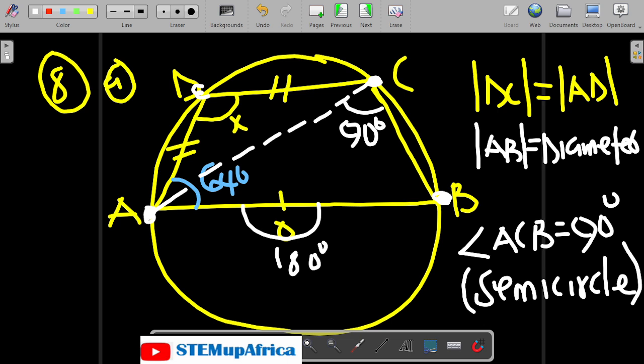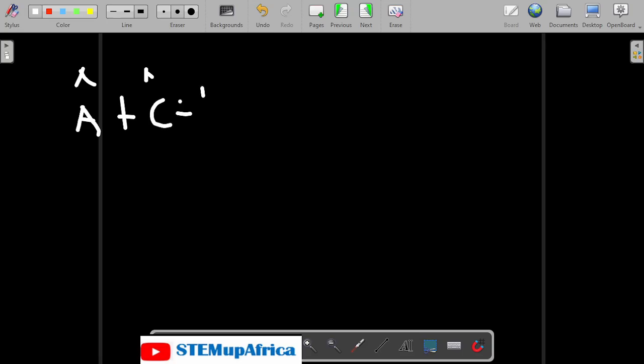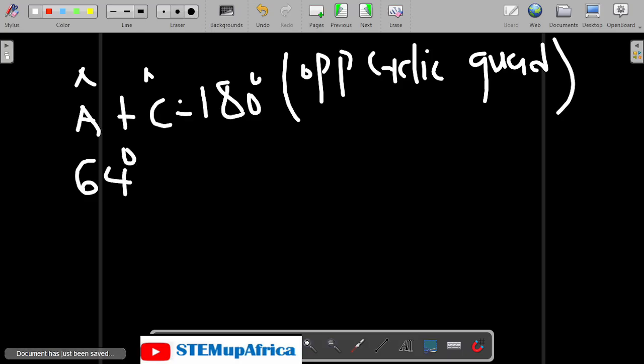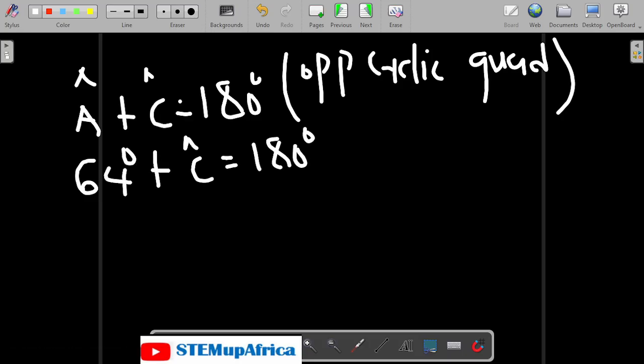So angle A plus angle C equals 180, reason: opposite angles of a cyclic quadrilateral. That means angle A is 64 plus angle C, which I don't know, equals 180 degrees. So angle C is 180 minus 64. What are we having?